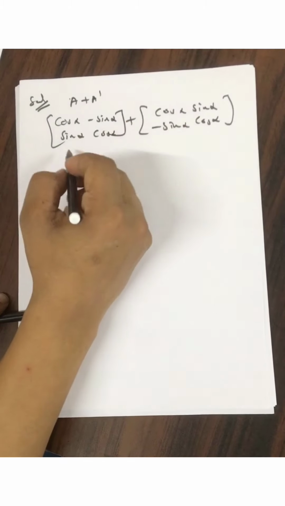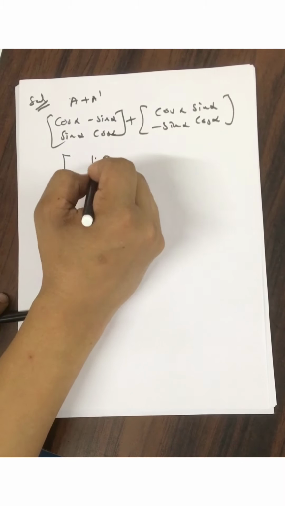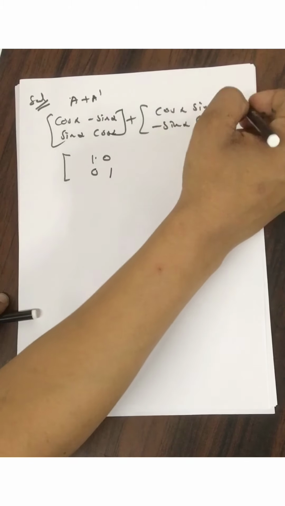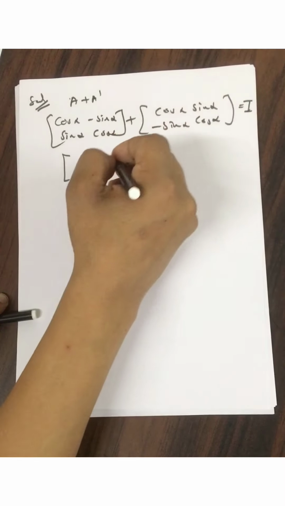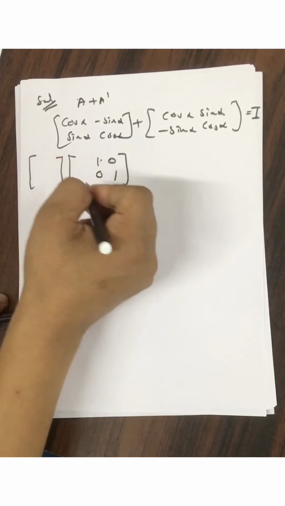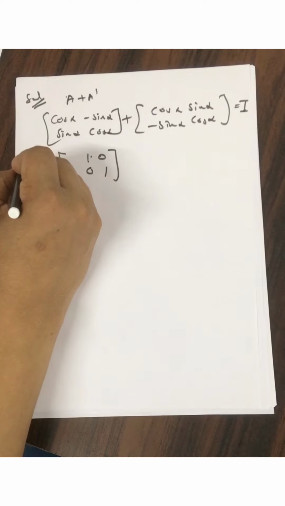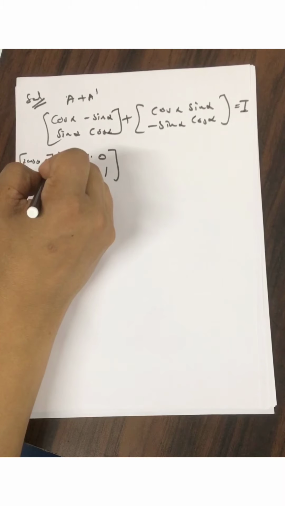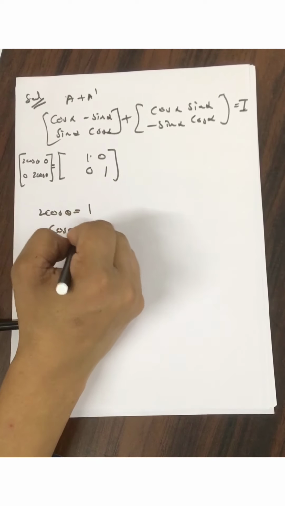Now add up, what will come? It will come 1 0 and 0 1 on the right side, equal to I. This side, it will come 2 cos theta, and the sines will cancel, so this will be 0, and 2 cos theta at the other place. Solve it: 2 cos theta equals 1, cos theta equals 1 by 2.